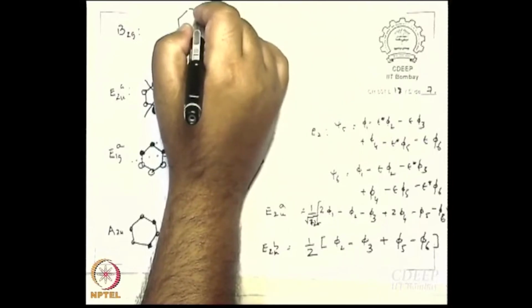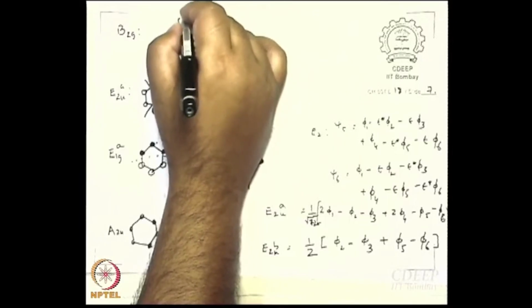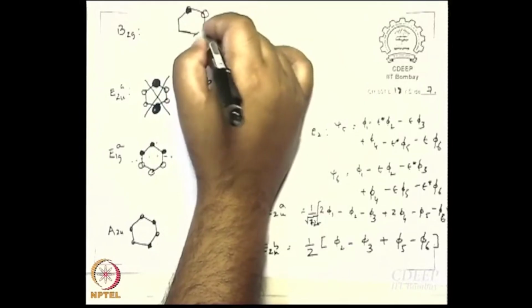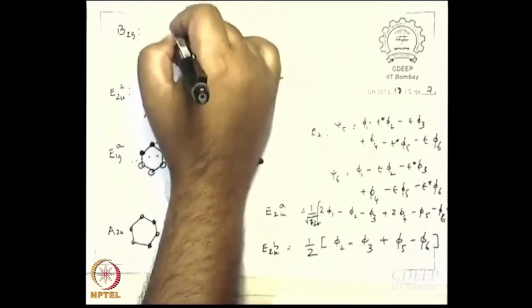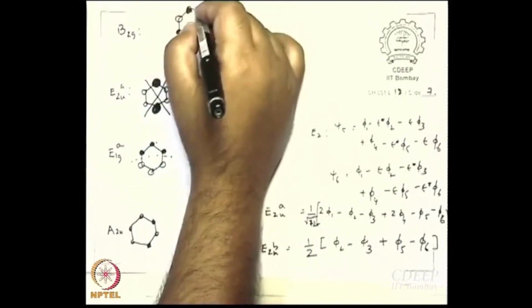Tell me what it is. Phi 1, phi 2. Phi 1 minus phi 2 plus phi 3 minus phi 4 minus phi 6. How many nodes?